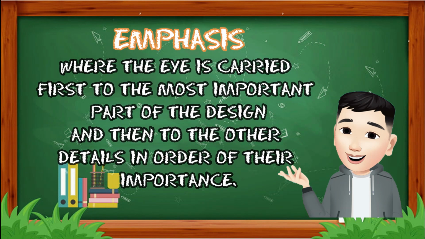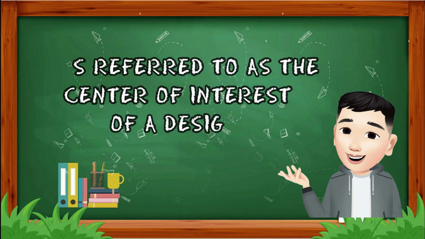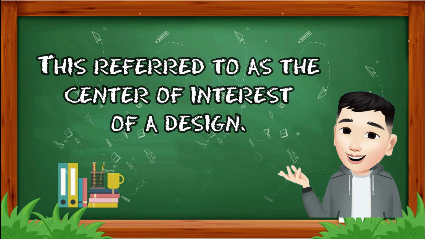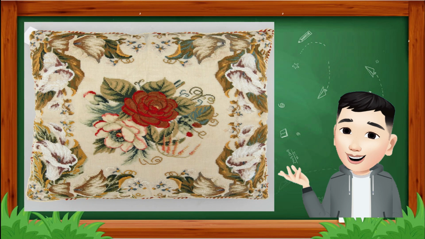Then the last one is emphasis, where the eye is carried first to the most important part of the design, and then to the other details in order of their importance. This is referred to as the center of interest of a design. So this is an example of emphasis.